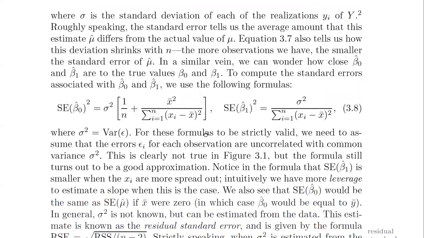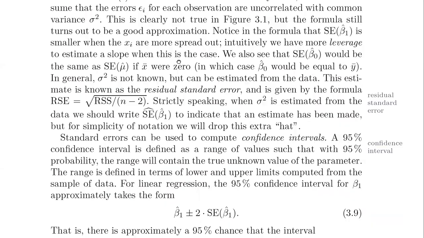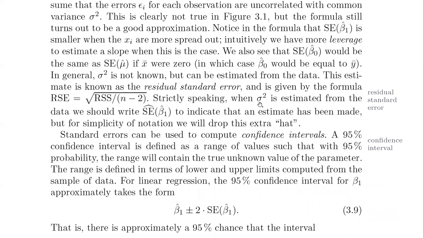And to calculate the standard error in our estimate of the slope, we need to divide the variance, the variability, of epsilon. Interesting, but how would we do that? Strictly speaking, sigma squared is estimated from the data.